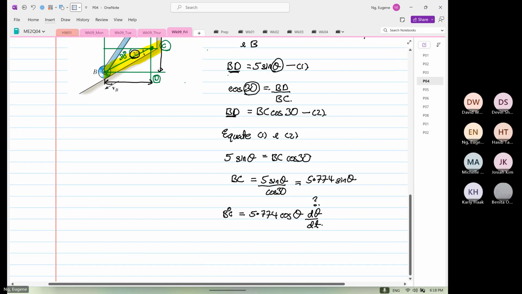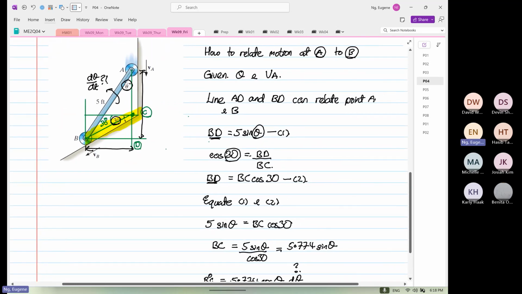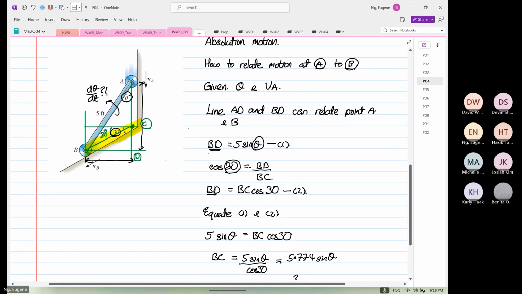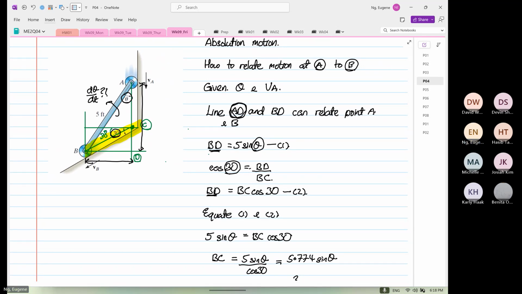Okay. Right. So the next thing, as I mentioned before, the next line we can relate is AD line. Okay. So why AD line? Then we can relate theta with the 30 degrees. Okay. If we can't do that, then we cannot solve this problem.